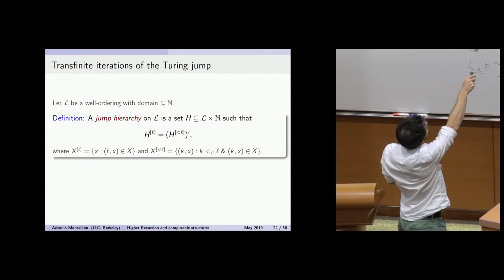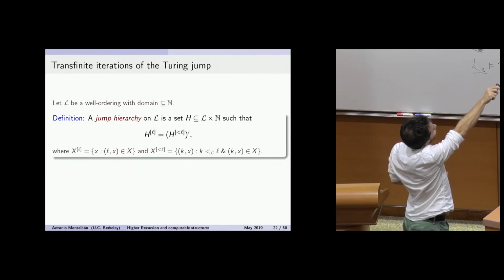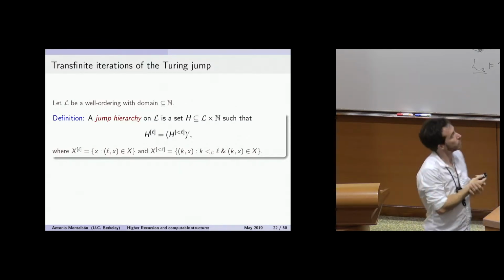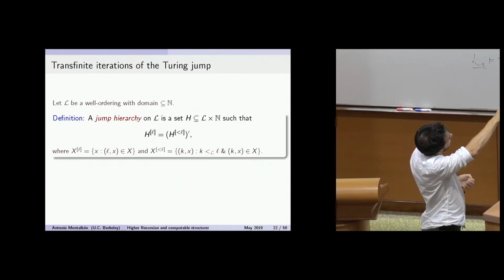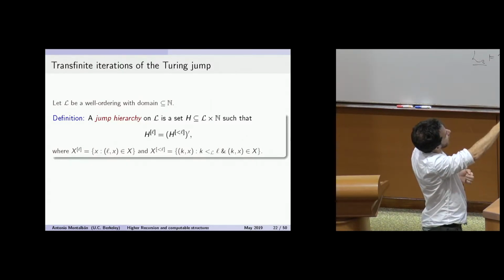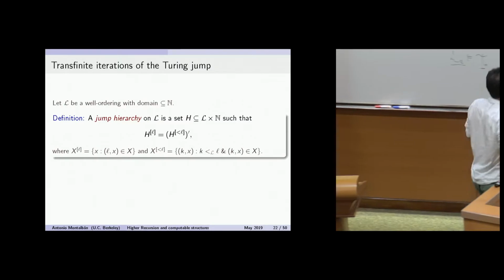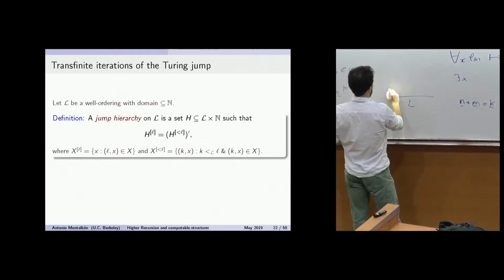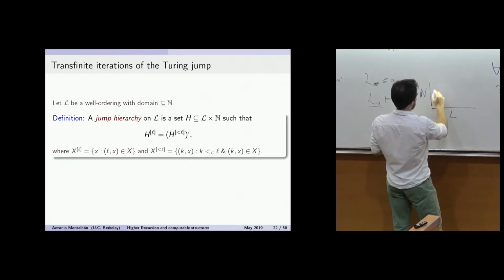Suppose L is a well-ordering with domain a subset of the natural numbers. A jump hierarchy over L, or maybe over is better than on, is a set.